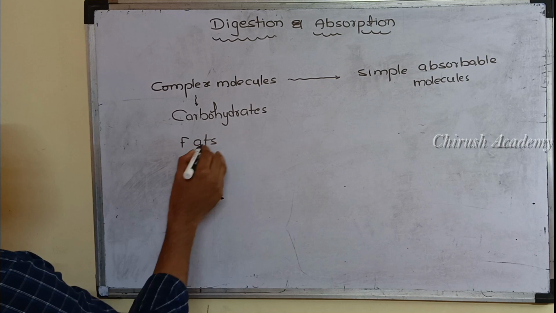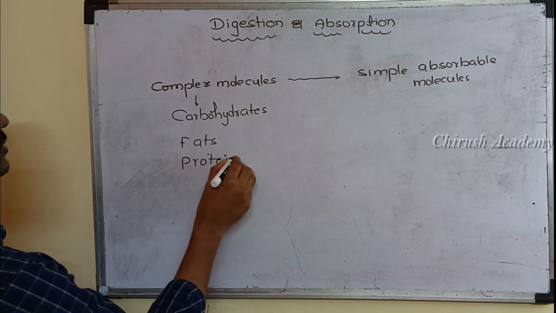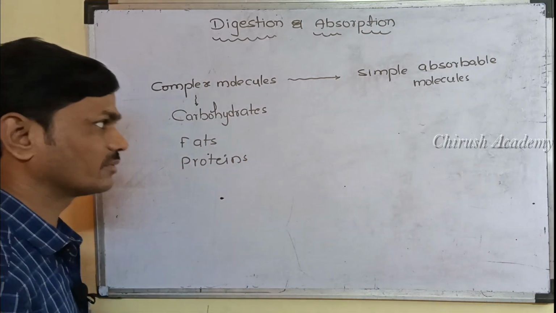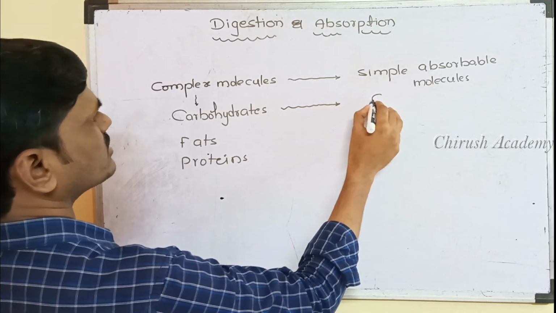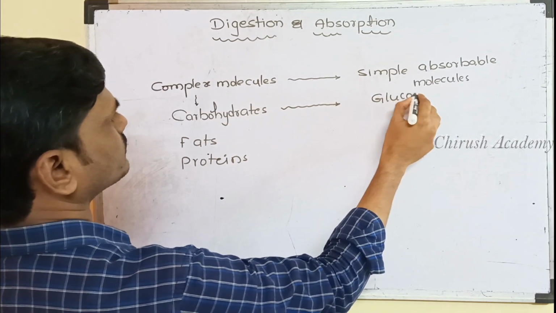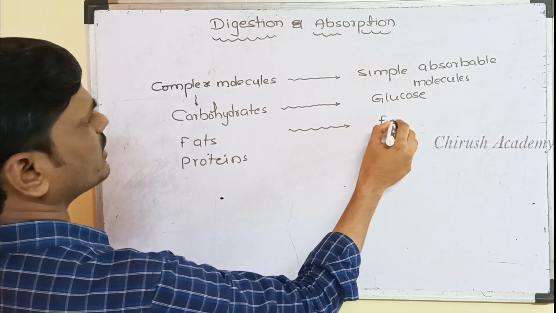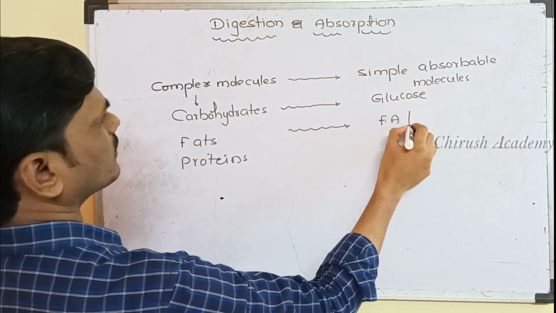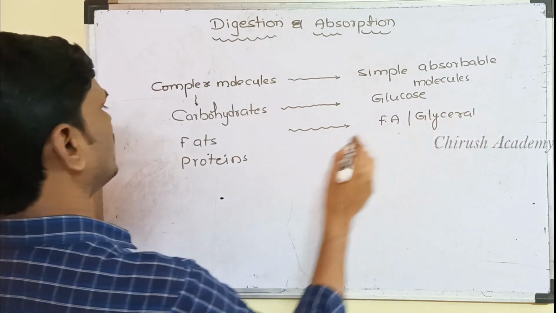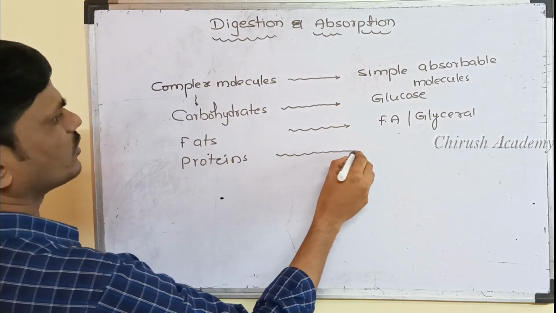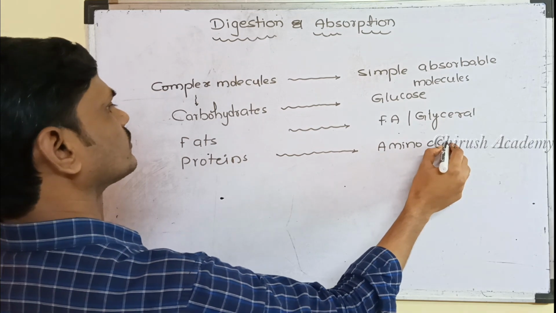The complex molecules of the food are carbohydrates, fats and proteins. Carbohydrates are converted into glucose, fats are converted into fatty acids and glycerol, and proteins are converted into amino acids.